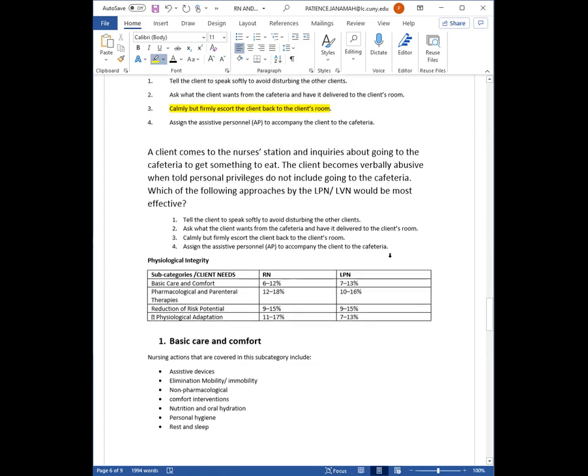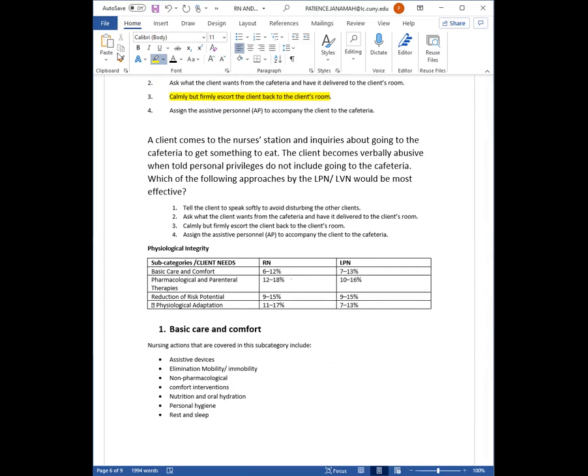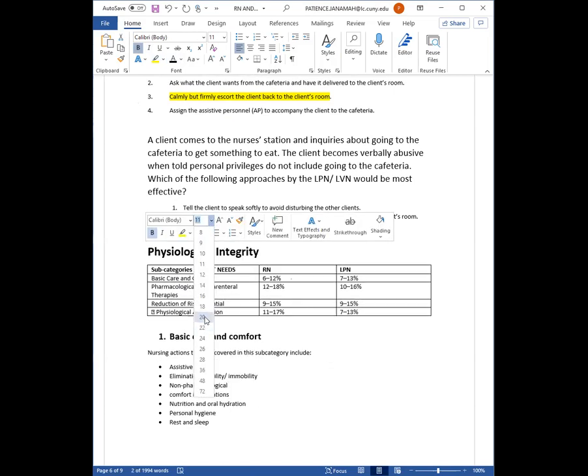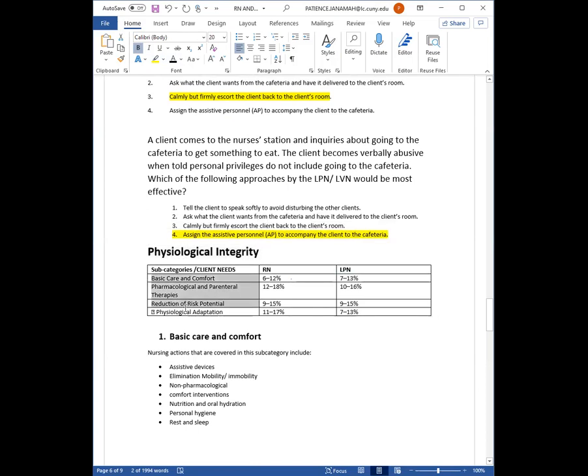Now let's go to physiologic integrity. Physiologic integrity has subdivisions, and it is divided into several other options on the NCLEX. Under physiologic integrity, we have 4 subdivisions.